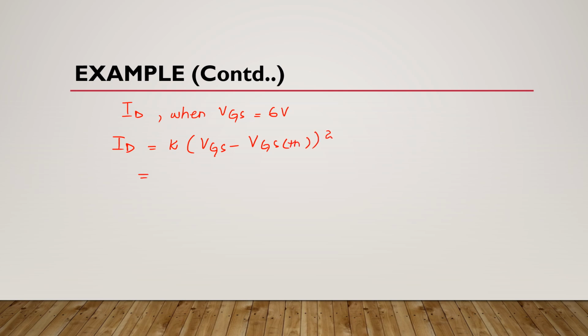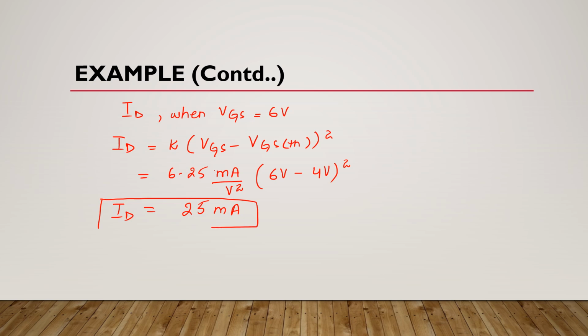Here we know that this K is 6.25 milliamperes per volt square, and here this gate to source voltage is 6 volts now, and we know that threshold voltage is 4 volts, and we'll take their whole square. After solving this, you will get 25 milliamperes. Okay, so this is your answer here.